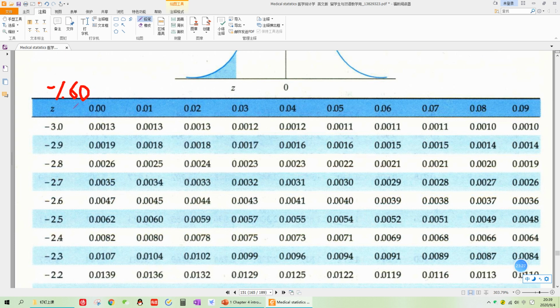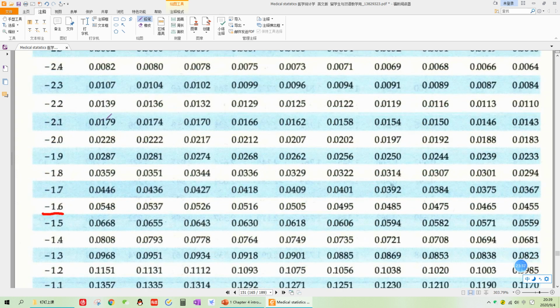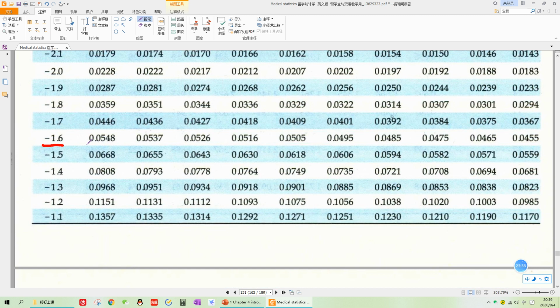Actually this number should be negative 1.60, so we can find that 0 is here, and in the cross position this number is the probability when z equals negative 1.6.